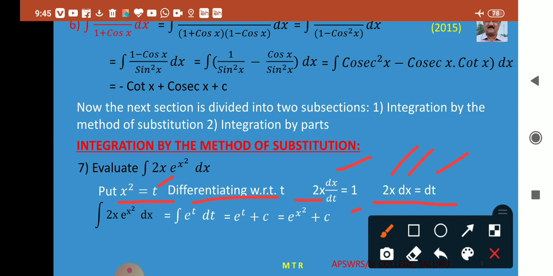Okay. Now what is the given function? Integral 2x into e power x square dx. This is equal to, from this observe 2x dx. What is 2x dx? It is dt. So write this 2x dx as dt. e power x square is e power t.